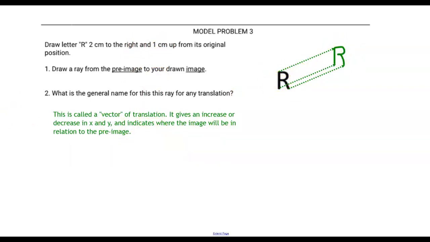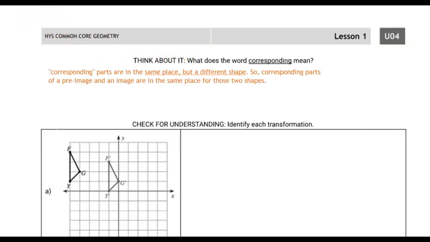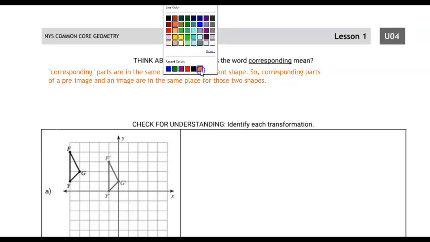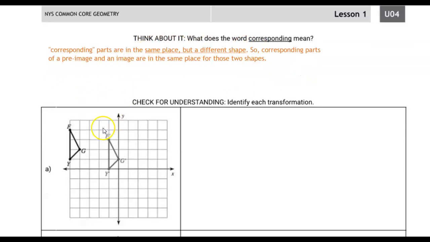There's one more thing that we have to talk about before I end the video, and that's the word corresponding. That word corresponding indicates the same exact part, but in a different shape. In other words, the same exact part in between the pre-image and the image. Corresponding parts of a pre-image and an image are in the same place for the 2 shapes.